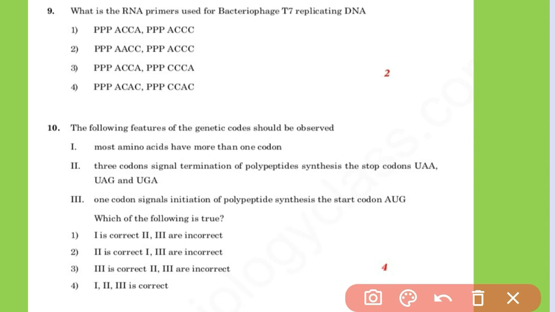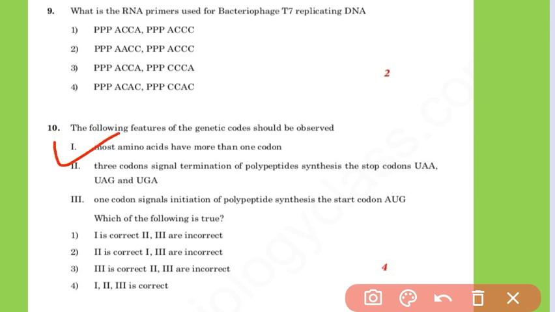Then the next question: the following features of the genetic code should be observed, and you have to read it and choose the correct option. First, most amino acids have more than one codon.